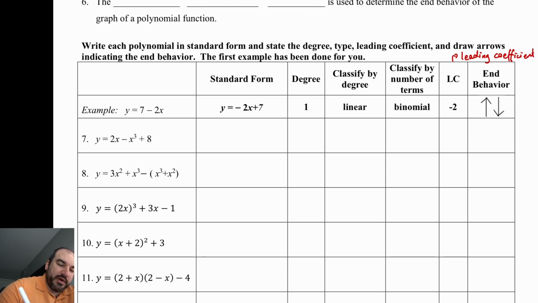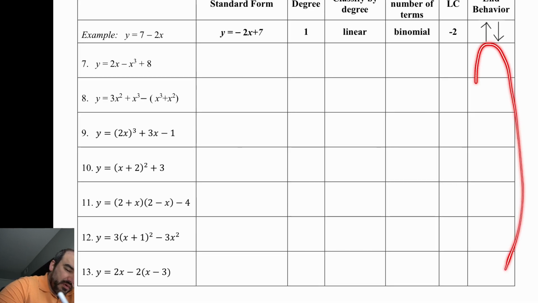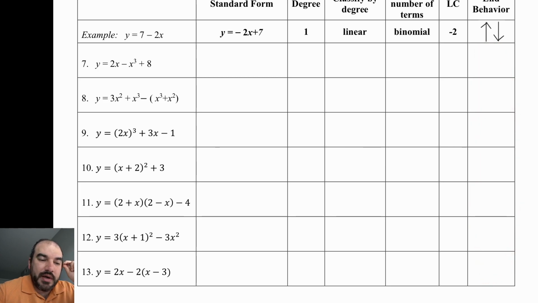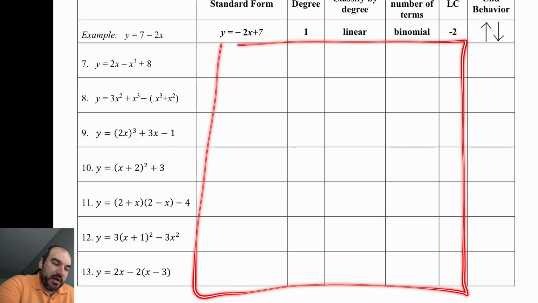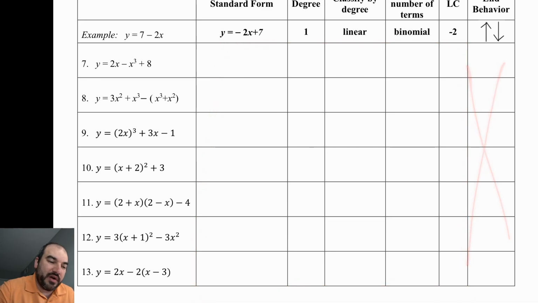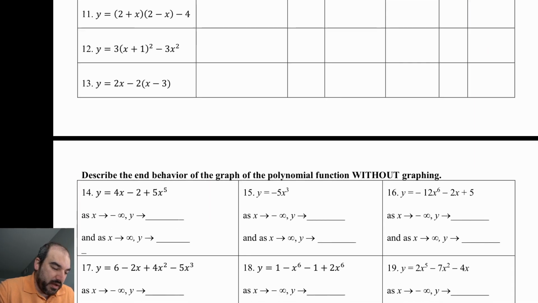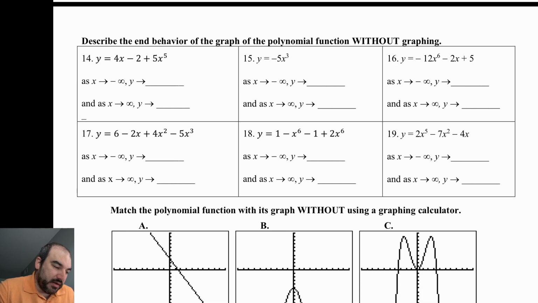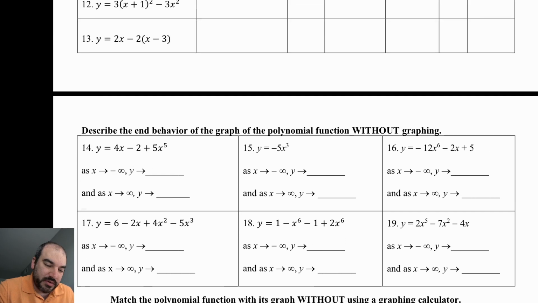And then end behavior you can not do yet. We will do end behavior next time, and you can fill out that last part on Monday. So you can fill out pretty much this whole table except for the end behavior part for now. Leave that alone. And you also can not do the second page until we talk about end behavior.